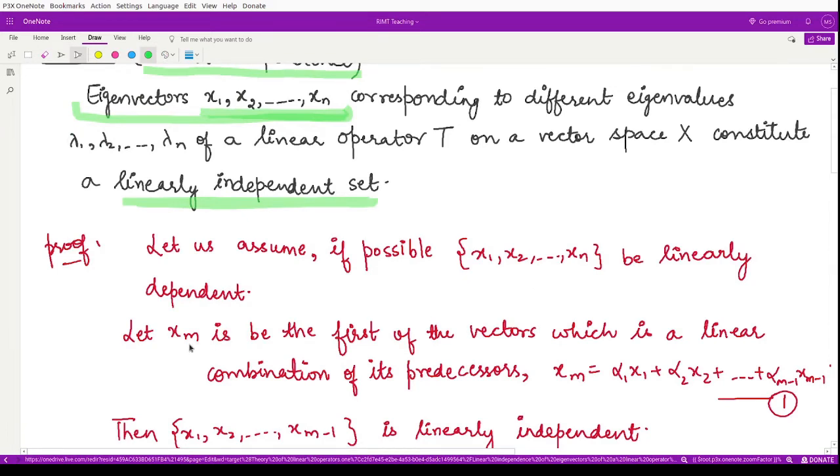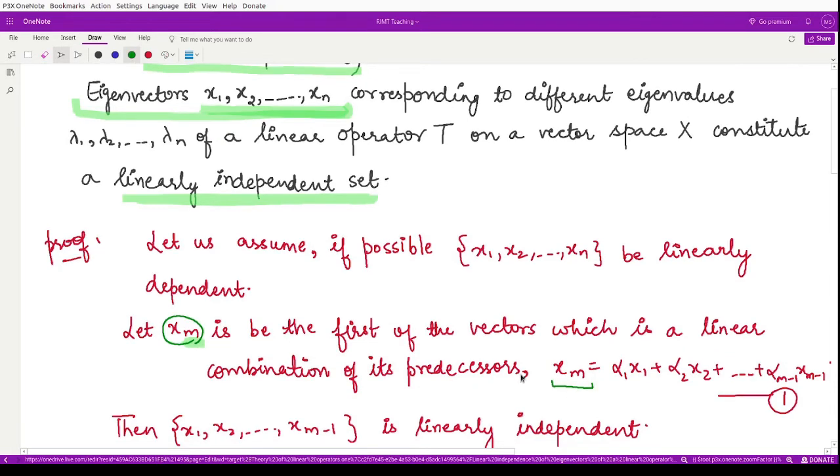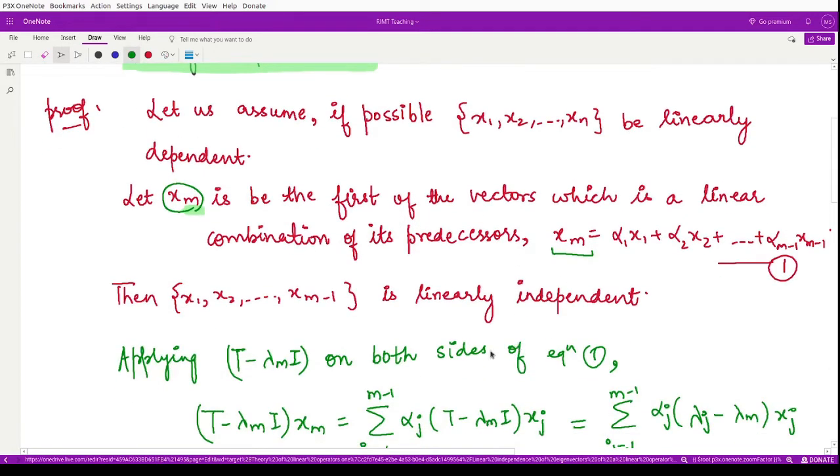So if I denote the index m to be the first index where I can write the element as a linear combination of the preceding elements, so xm could be written as the linear combination of its predecessors, alpha 1 x1 plus alpha 2 x2 up to alpha m minus 1 xm minus 1, where all of these x1, x2 up to xm minus 1 are linearly independent of each other, because we have defined xm in this way, this being the first of the vectors which is linearly dependent.